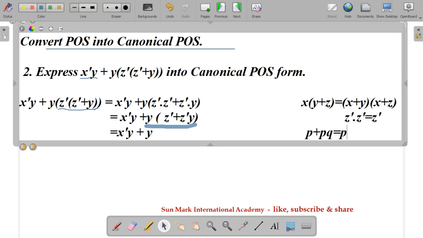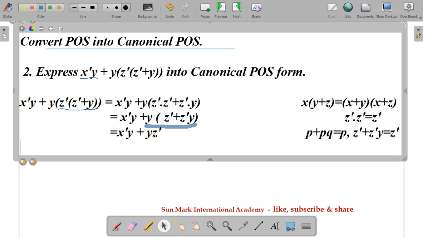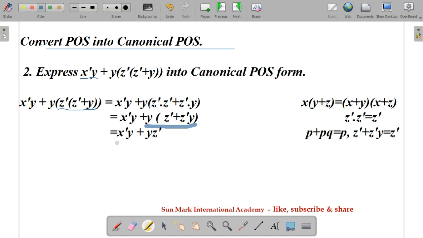The same concept here, we can write z dash plus z dash y equal to z dash. So we got the answer here as z dash. So reducing the expression, here we got the reduced expression as x dash y plus y z dash.